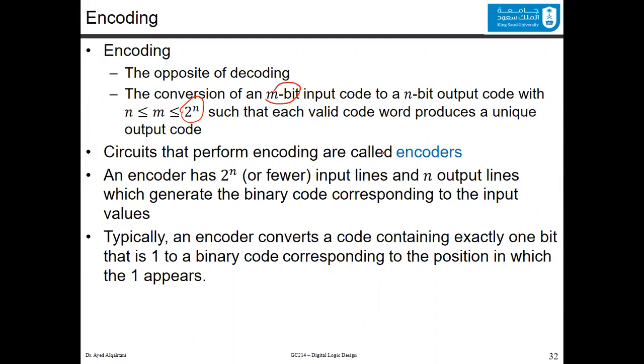The circuit that does that is called an encoder, and an encoder has 2 to the power of N or fewer input lines and N output lines, which generate the binary code corresponding to the input value. Typically, an encoder converts a code containing exactly 1 bit that is 1, to a binary code corresponding to the correct position in which that 1 is appearing.